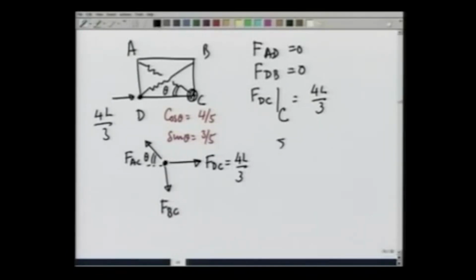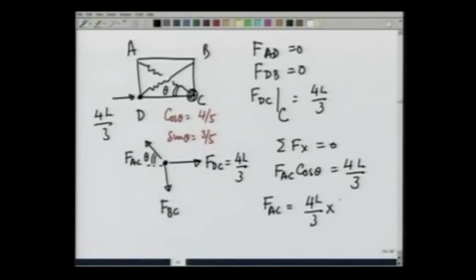So, summation Fx equal to 0 on point C gives me F_AC cosine of theta equals 4L by 3. So, F_AC is equal to 4L by 3 divided by cosine theta.